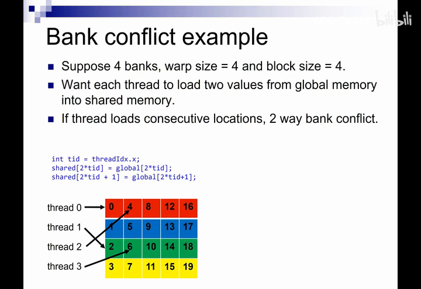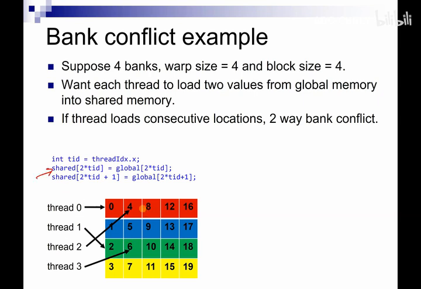However, if you do it this way, initially thread 0 is going to read location 0, thread 1 is going to read 2, thread 2 is responsible for 4 and 5 so it reads 4 initially, and thread 3 is going to read 6. Here's the code.